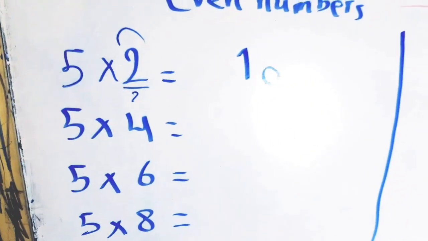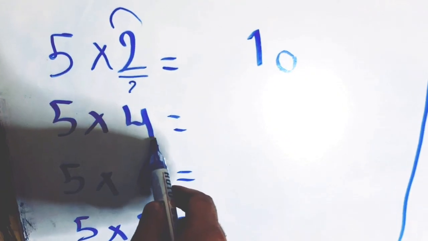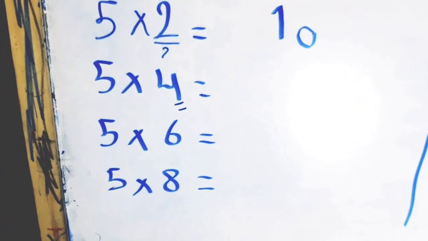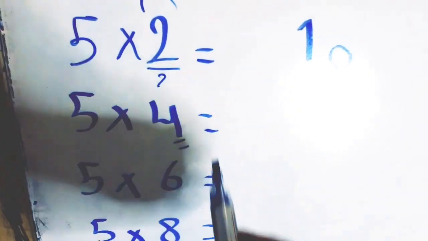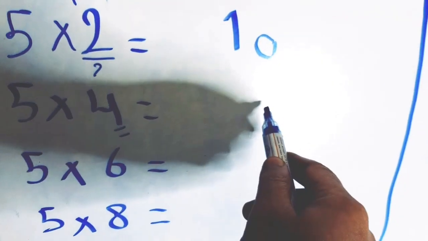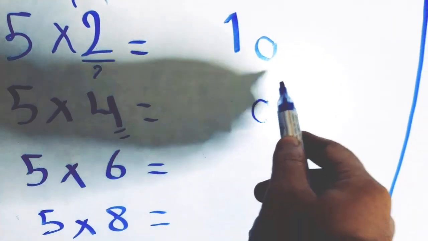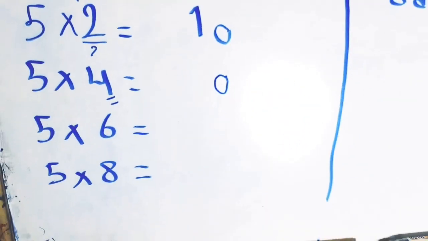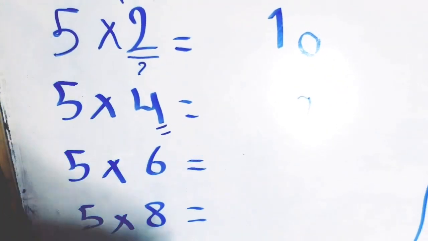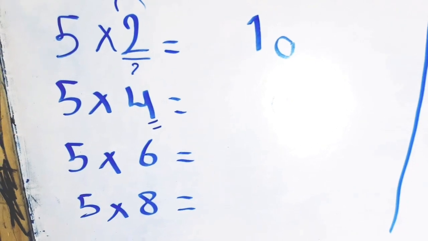5 times 4. Of course, we multiply 5 by 4. 4 is an even number, so we put 0 at the units place. After that, we look at the number we are multiplying by 5.